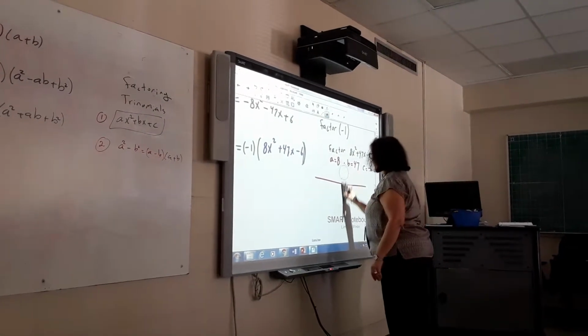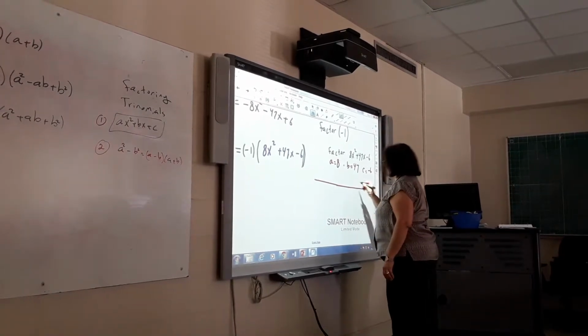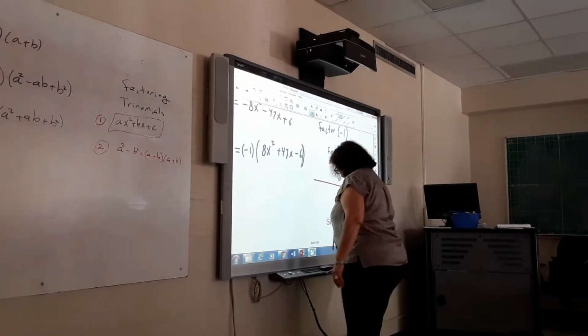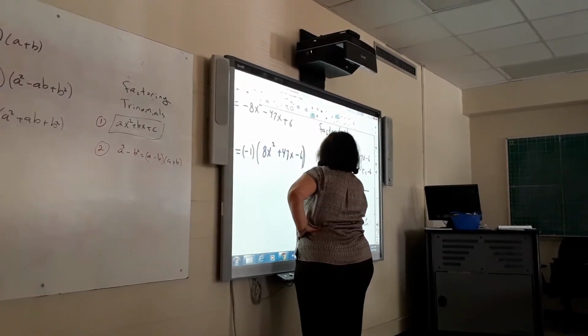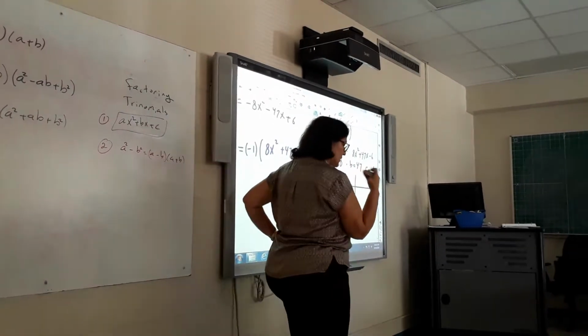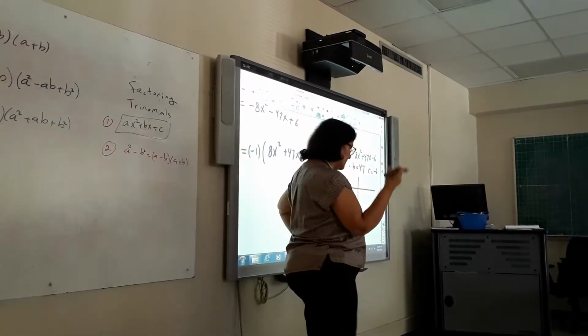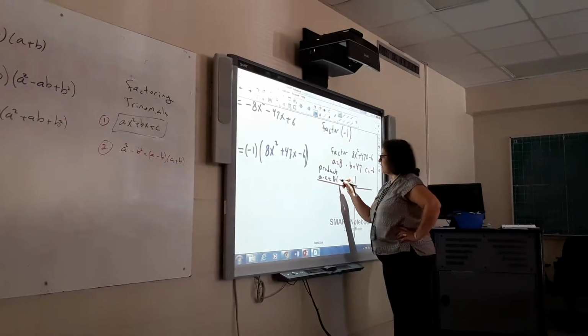Now, I do want you to find me these two numbers. Their product, I'm going to put in black, is going to be what? A times C. That's where the formula methods came from, A times C, which is A times negative 6.